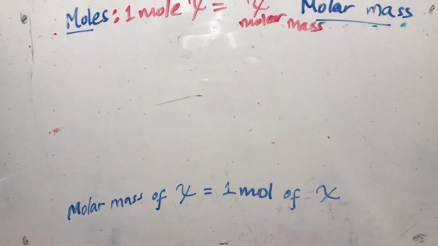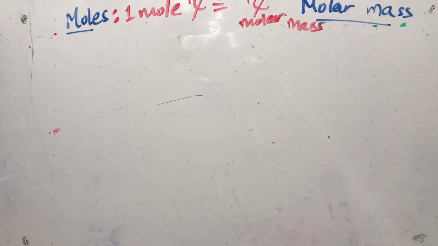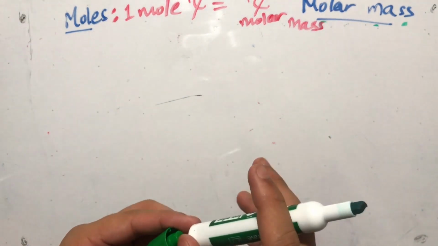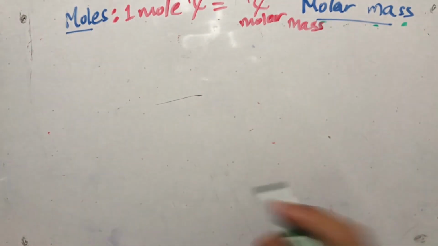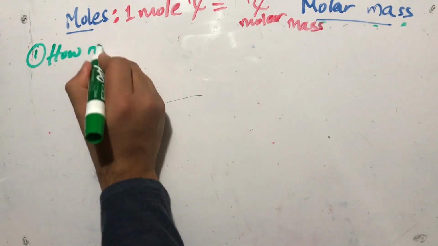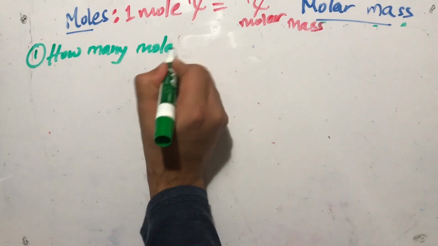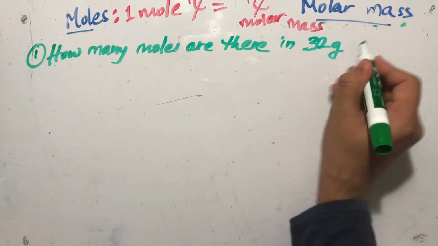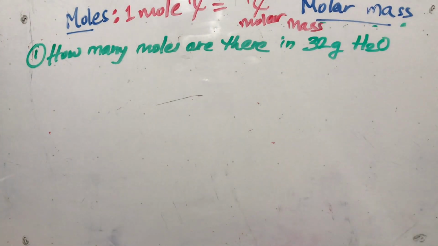So for example, number 1, let's say we have the question: how many moles are there in 32 grams of H2O, which is water? We could solve this problem in 2 steps.